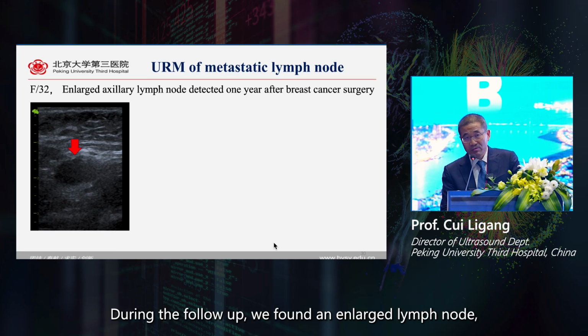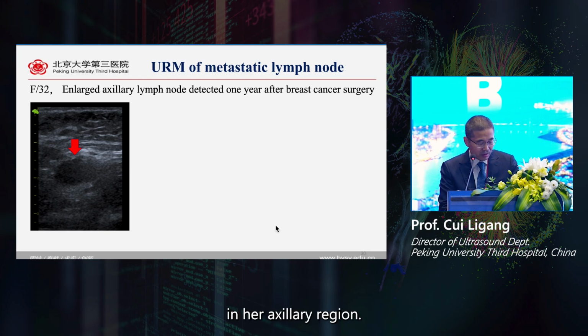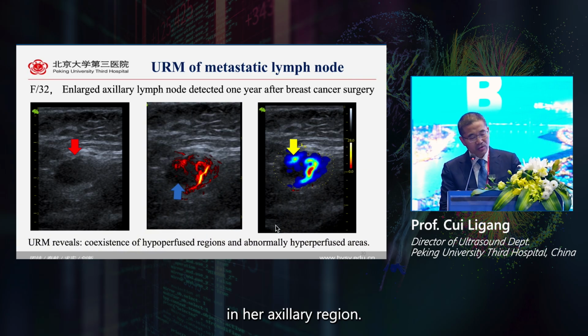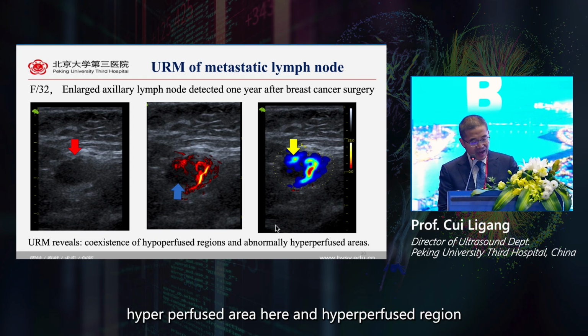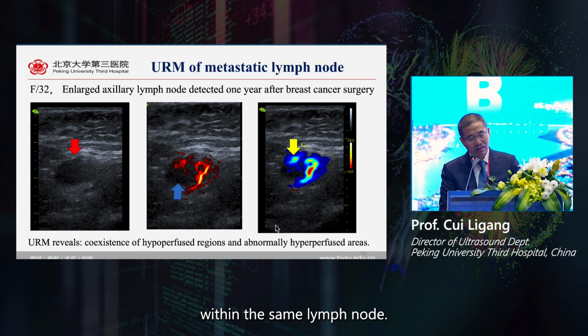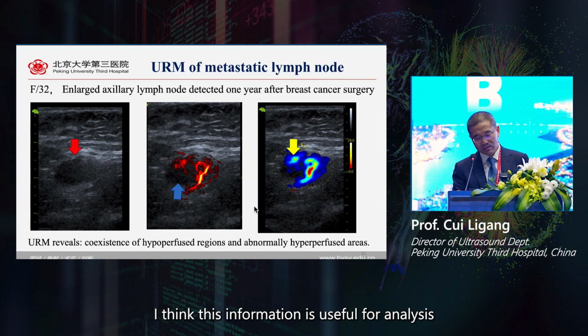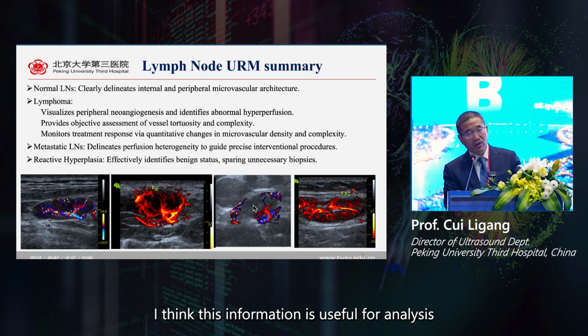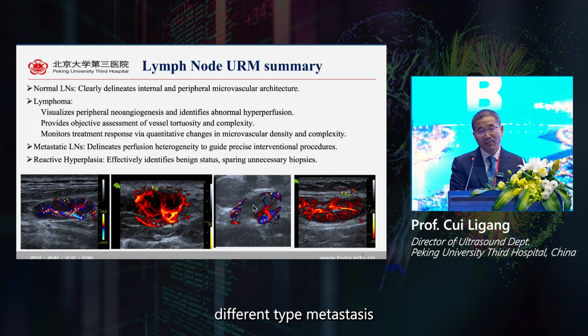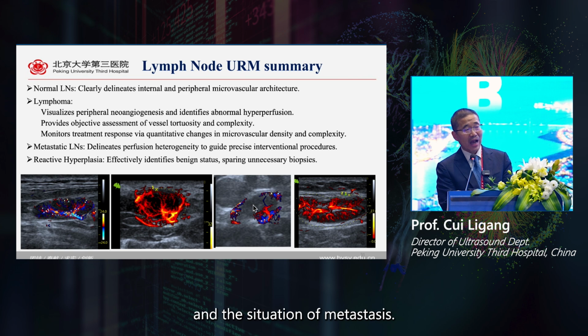During the follow-up, we found an enlarged lymph node in her axillary region. So URM can find the abnormal hypoperfused area and hyperperfused region within the same lymph node. I think this information is useful for analysis of different types of metastases and the situation of metastases, but we need more cases.